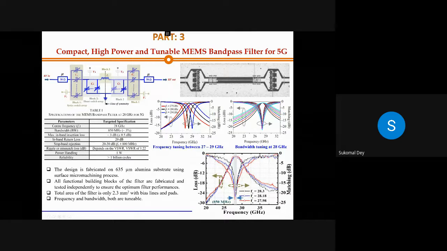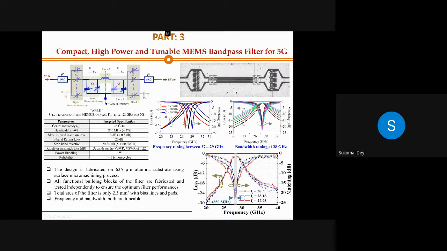Then you can find a high impedance line. The entire filter is implemented on a CPW, and the line width is very narrow, which indicates a very high impedance, and that high impedance indicates inductance. So the inductance LS is represented with a narrow signal line. Then the same topology is repeated again.